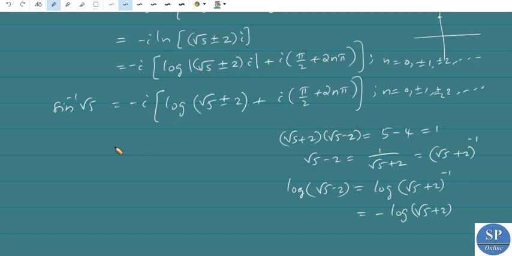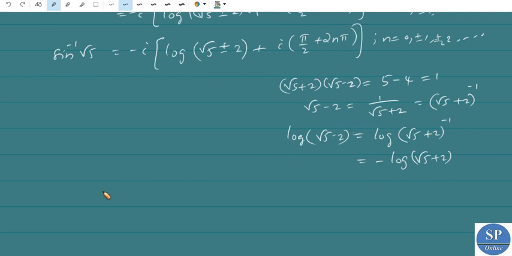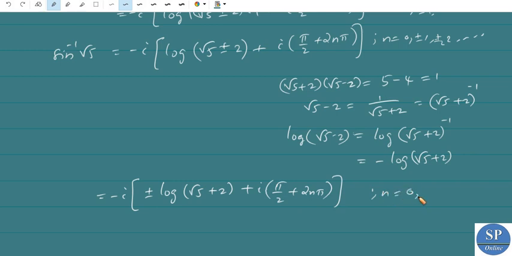So from this we can directly write this is equal to minus i into plus or minus log of root 5 plus 2, plus i into pi by 2 plus 2n pi, for n equal to 0, plus or minus 1, plus or minus 2, etc. This is sine inverse of root 5, because log root 5 minus 2 is equal to minus log root 5 plus 2.